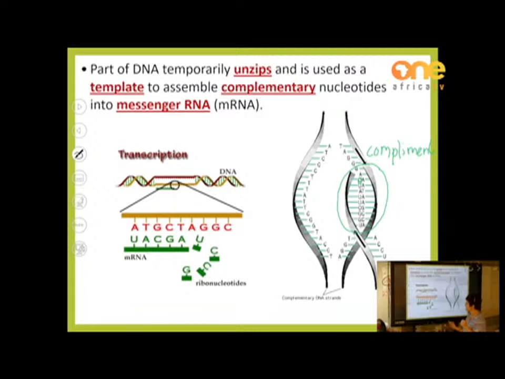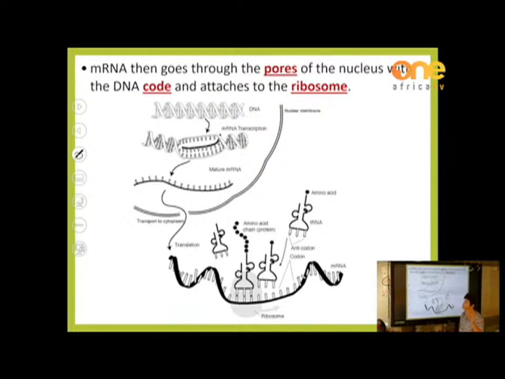How does it take place? There are RNA nucleotides inside the nucleus, and that were produced by the nucleolus. They make the RNA, the copies attach in the correct complementary order, and now it is called mRNA, leaving the nucleus.